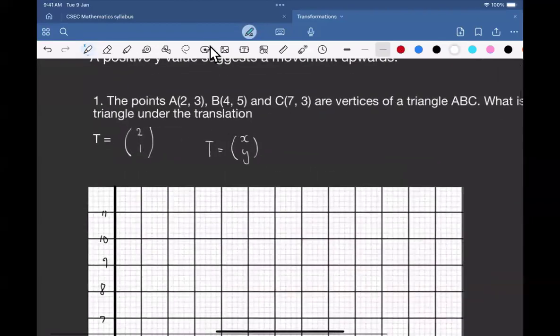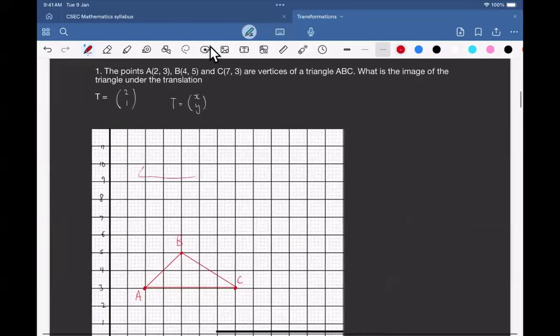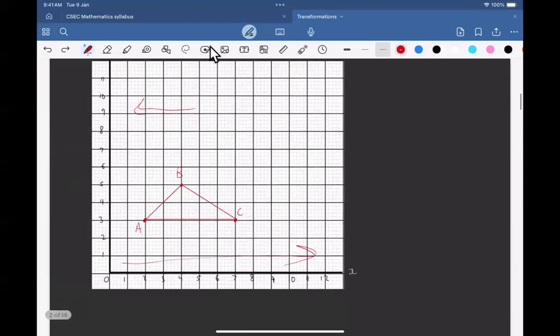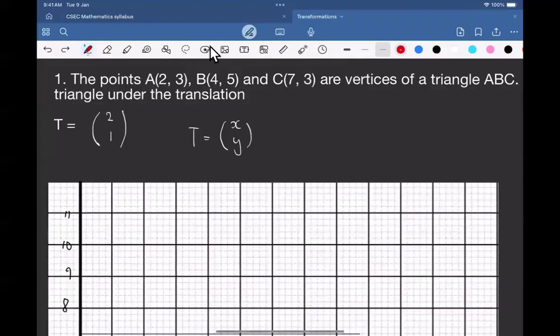Clearly, if my X value is positive, am I going to go left or right? Right. That makes sense because all the positive values are to the right side. If you go to the left, you go in negative values. So if it's negative, that means you're going to the left, right?